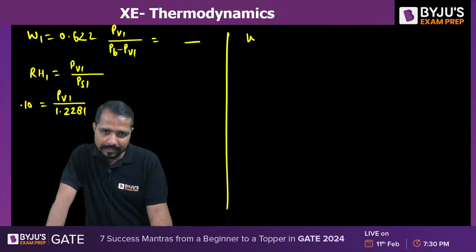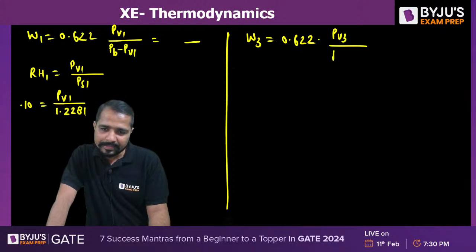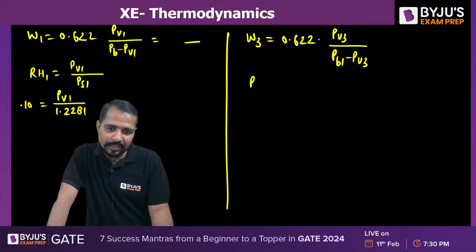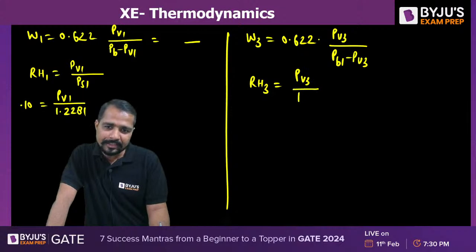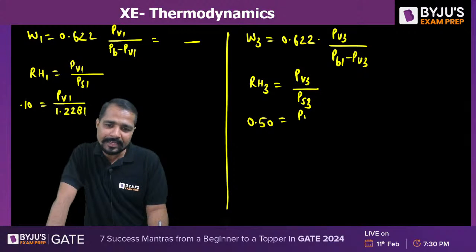Similarly, my dear, you will get W3 like 0.622 PV3 divided by P minus PV3. From here, RH3 will be equal to PV3 divided by PS3. So RH3 is already given to us, 50%. PV3 I need to know.